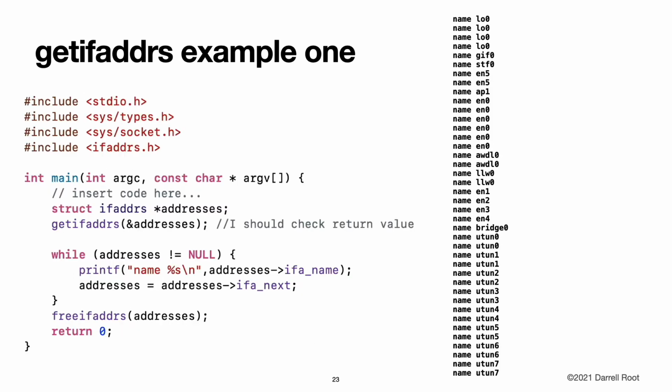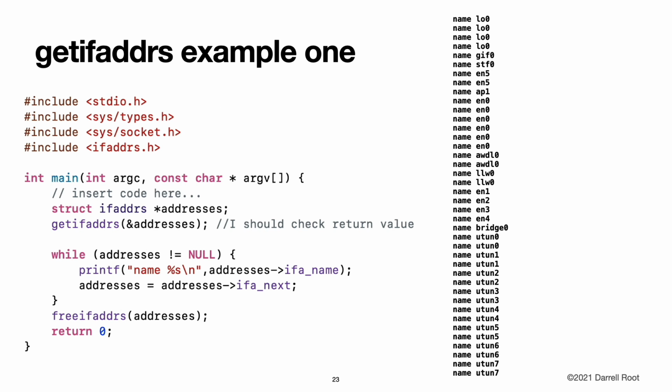Here's a simple example of using getifaddrs. So I've created my addresses, which is a pointer to a struct ifaddrs, and then I pass its address, so the address of the pointer, so it's a pointer to a pointer, to the getifaddrs function, and ideally I should check the return value for errors.